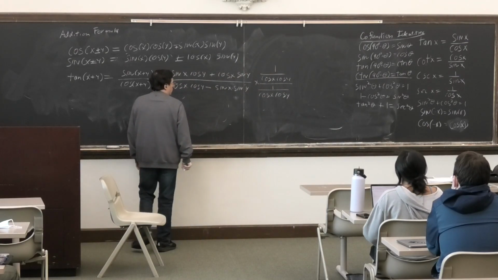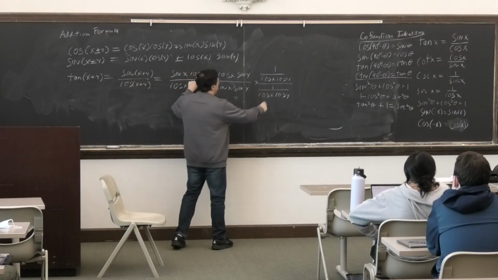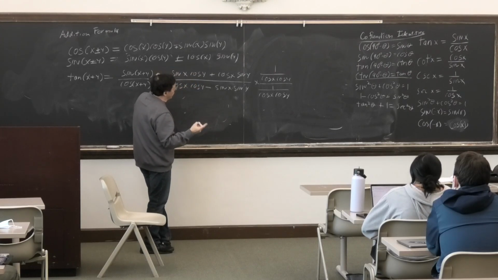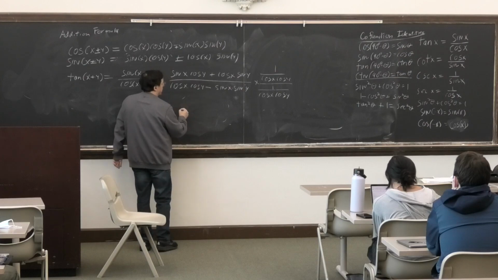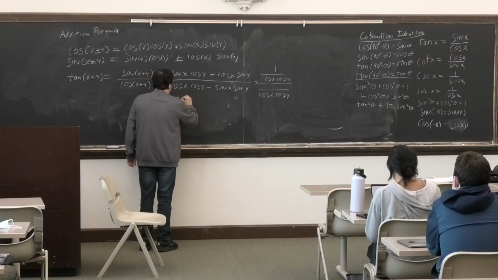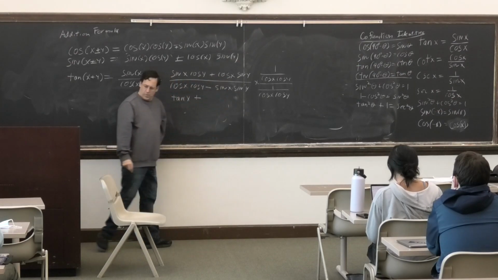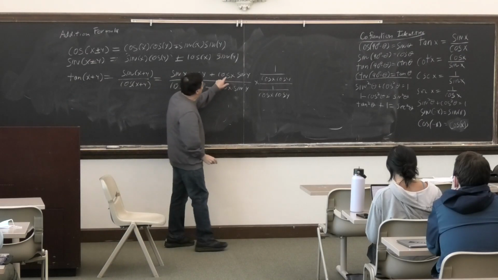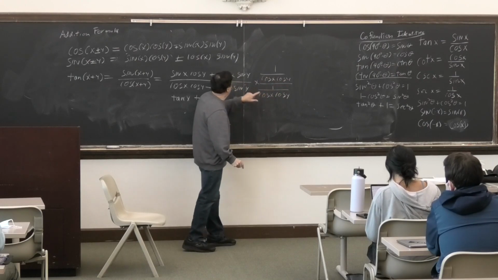So what's that going to do for me? Sine x cosine y over cosine x cosine y. The cosine y will drop out. We'll have sine x over cosine x, which is tangent x. What do I want to do? Cosine x sine y over cosine x cosine y.